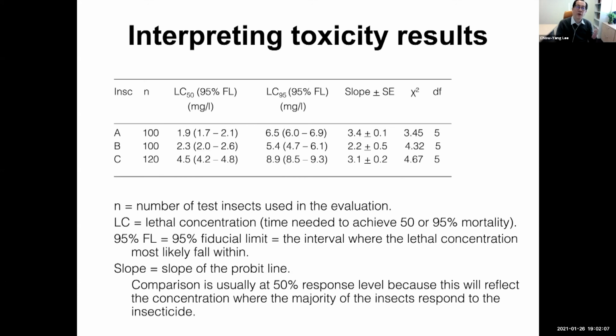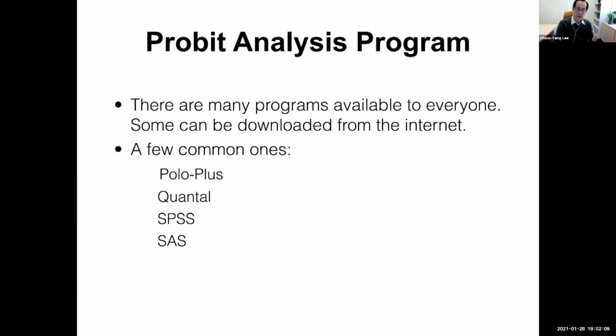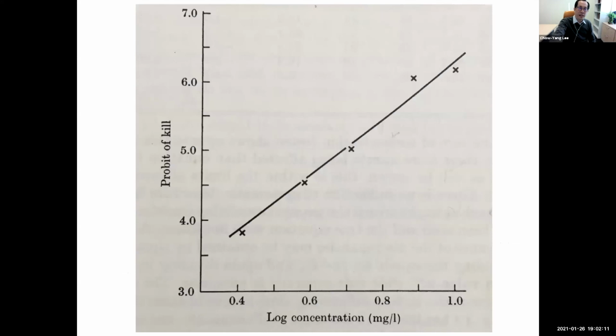Or rather, if you have a line that looks like this, you notice that the line did not pass through every single point. It may pass through some points, but it bypassed some others. So the deviation between that line and that point, you will then calculate in the form of chi-square.